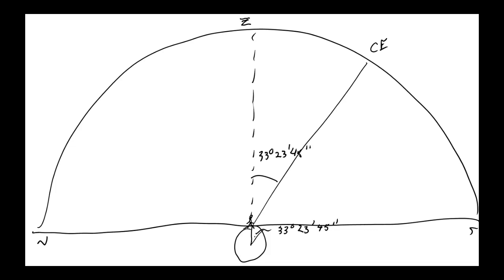Can anyone name one star that's always above the horizon, that never sets? Anybody? Say again? North Star, of course. And where is it over here? How can I draw, where would I draw the North Star? Okay, to the north. Okay, good. We were in the right direction here.